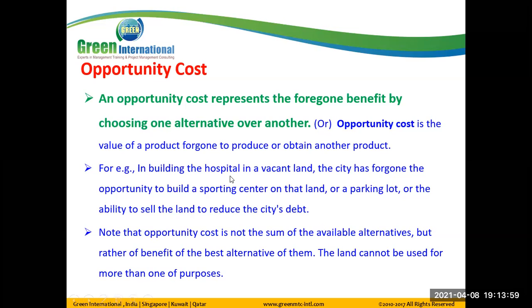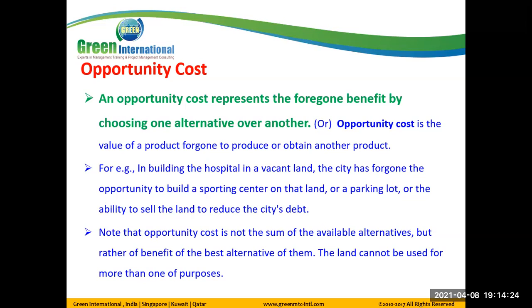For example, in building a hospital on a vacant land, the city has forgone the opportunity to build a sporting center or a parking lot on the land, or the ability to sell the land to reduce the city's debt. So if the city decided to construct a hospital, but at the same time could go for a car park or commercial buildings for renting out, they could create revenue from that.